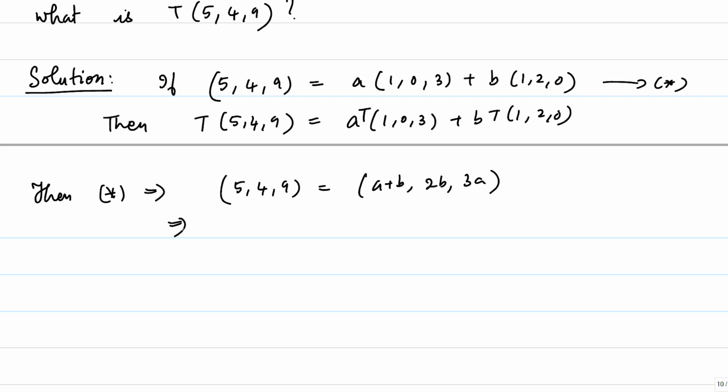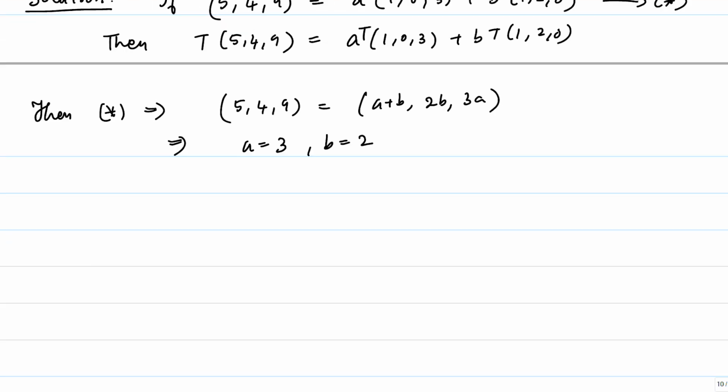This implies that 3A is 9, which implies A is equal to 3, and 2B is 4, which implies B is equal to 2, and A plus B is 5. So this is a consistent system. Yes, so check that. For A equal to 3 and B equal to 2, 549 is A times 103 plus B times 120. And therefore, we know how to calculate T of 549.